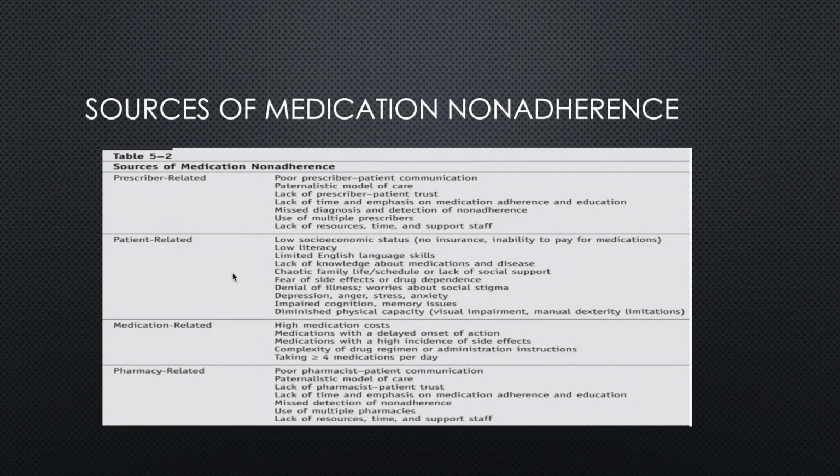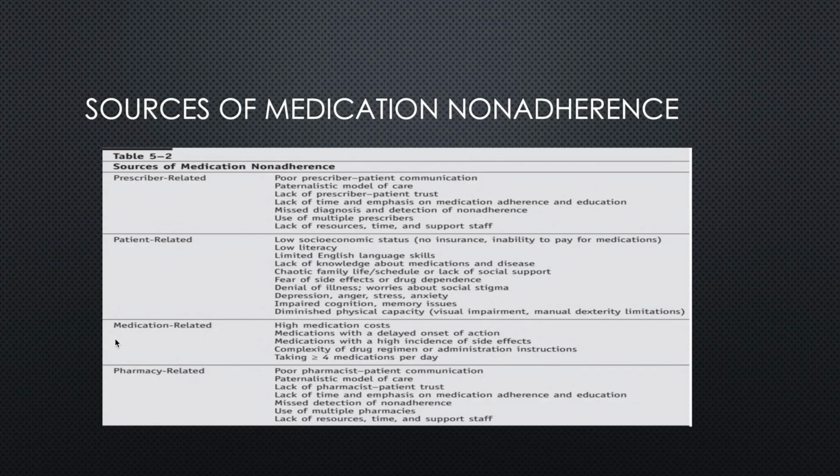Impaired cognition and memory issues, so they could simply be forgetting to take their medication, and this is very common with the older population, which we'll get into later on. Diminished physical capacity, like visual impairment and manual dexterity limitations. The visual impairment is also very common in the older populations. They may misread their instructions because of that.